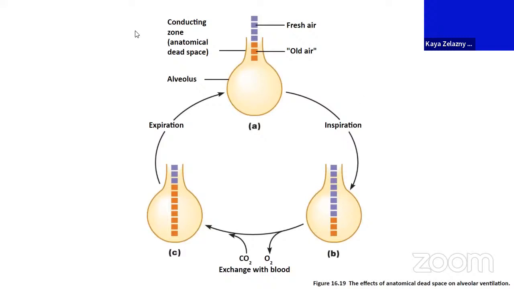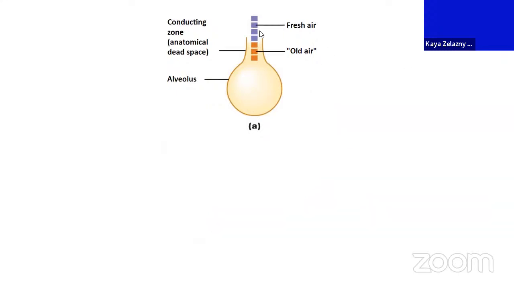So when we think about alveolar ventilation, we're going to be thinking about what happens as we swallow in air. Okay, so we're going to start at the beginning here. When we are breathing in a breath, inside the alveolus to start, we're going to have air that has already participated in gas exchange.